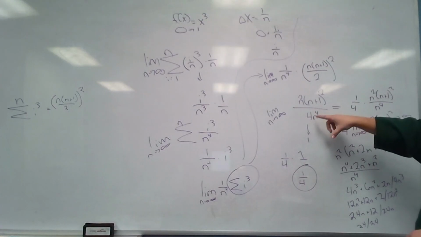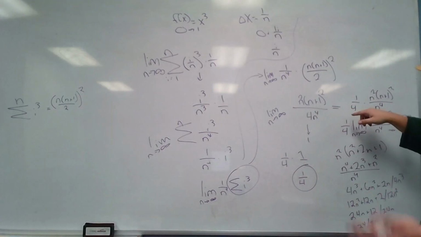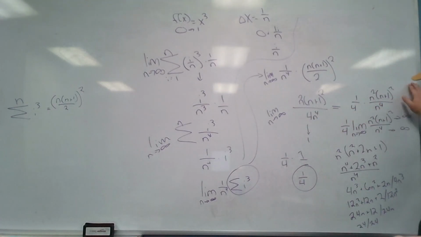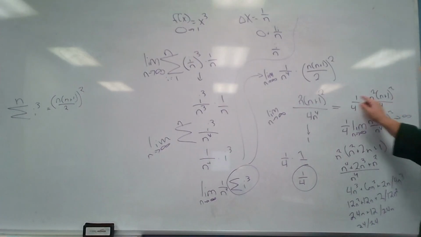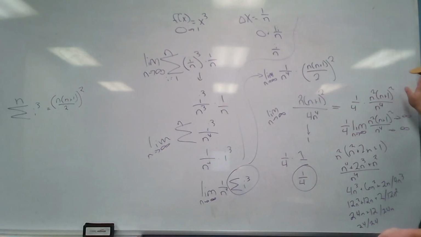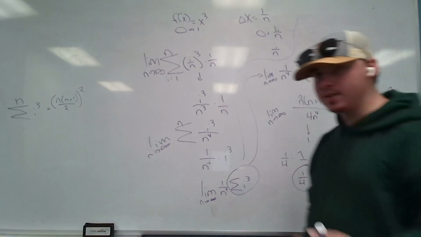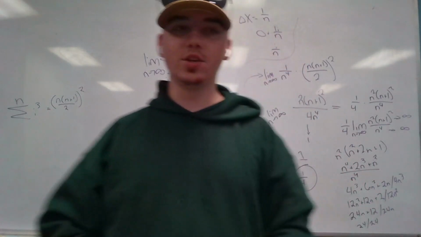You evaluate the limit, usually using L'Hopital's rule. After you factor out the coefficient, which you don't actually have to do, you can still leave it in, but it's simpler to factor it out. And then you just keep doing L'Hopital's rule down and down until you have the outer coefficient times the limit evaluated, and then you have evaluated your Riemann sum.